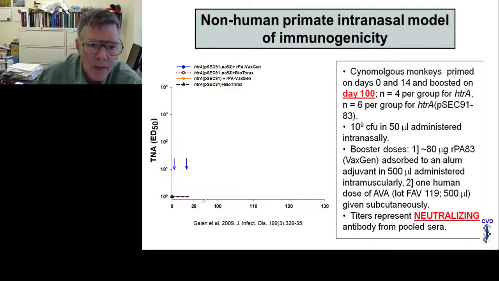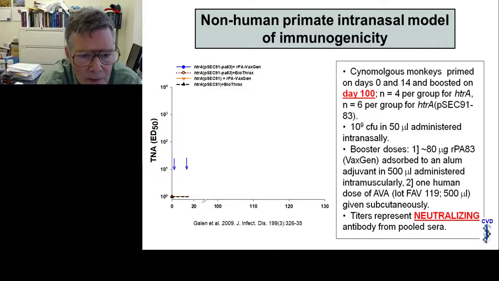And what's really interesting is if you look at the orange inverted triangles, that's the immune response against intracellularly expressed PA83.